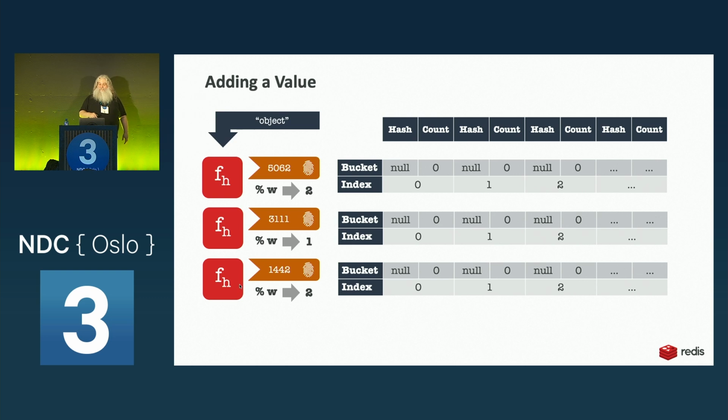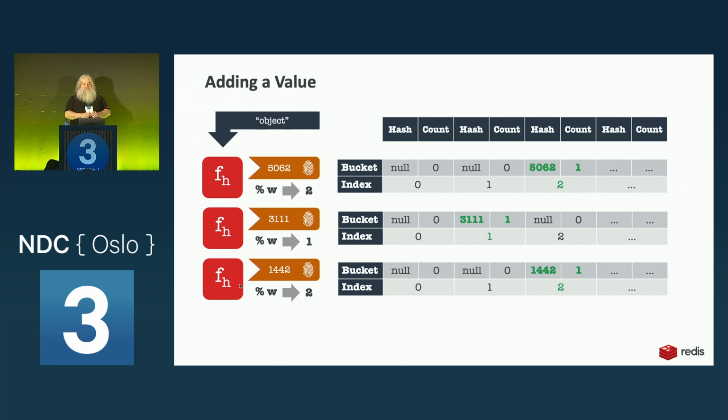We look in that index and ask, is this index in use? Is there a value in the hash? If there isn't, which is the case here, we'll claim it. In this case, this Heavy Keeper is empty, and so each of these values just gets populated, and we put our hash value in the hash position, and we take the count from 0 to 1.